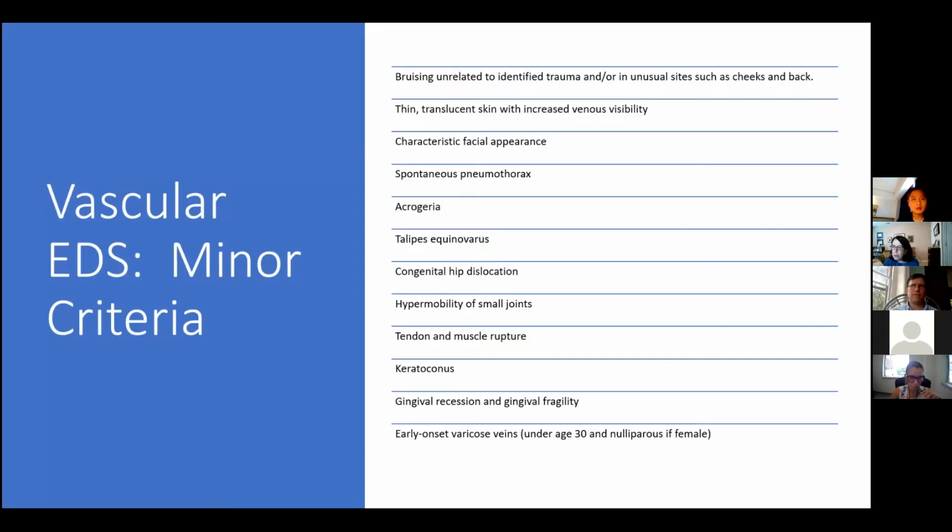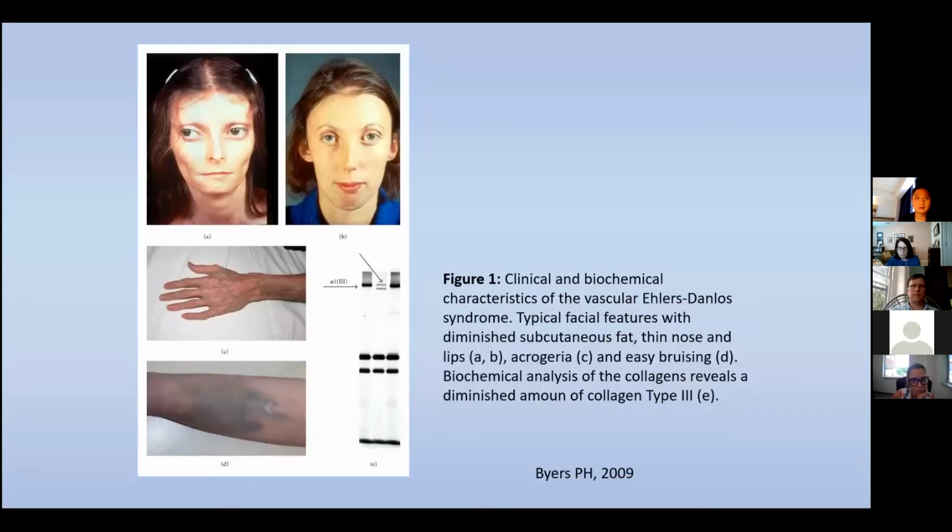And often people with the vascular type of Ehlers-Danlos syndrome will not have generalized joint hypermobility, but will only have obvious hypermobility in these small joints in the hands and sometimes the feet. Tendon and muscle rupture, keratoconus, gingival recession and gingival fragility, and the early onset of varicose veins. These are all the minor criteria for the vascular type of EDS.